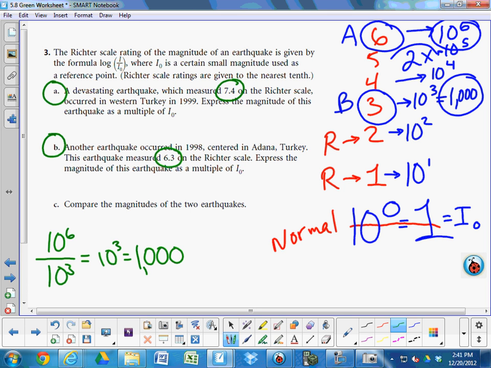The Richter scale rating of 7.4 means that the actual intensity is 10 to the 7.4 times I0. What's I0 again? 1, the normal vibration level of the Earth. Meanwhile, over in Adana, in 1998, the Richter scale rating was 6.3. That means 10 to the 6.3 times the normal vibration level of the Earth.